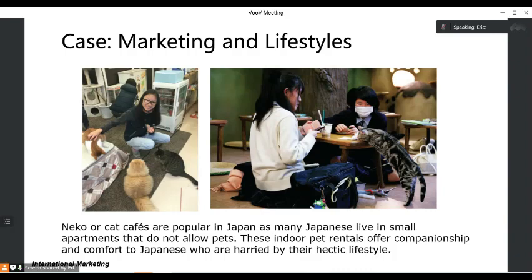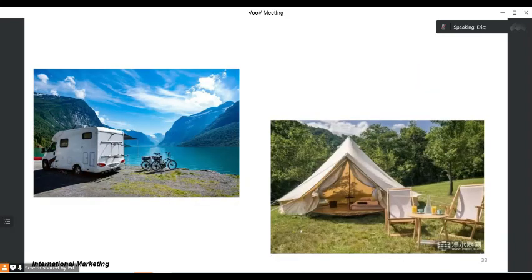This one is about camping. Now in China, there is a trend among the young generation. Camping is more and more popular because of heavy work.